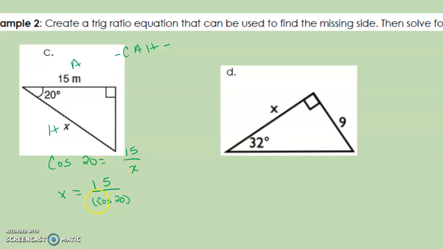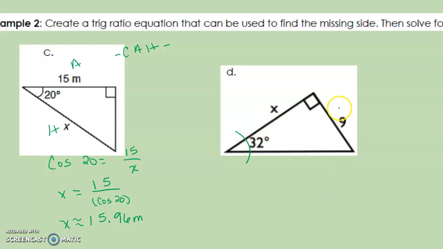These two end up swapping, based on the output that you saw in the very first example. So again, fraction button. 15 is the numerator. Cosine 20 will be the denominator. And you end up with x is approximately 15.96 meters.